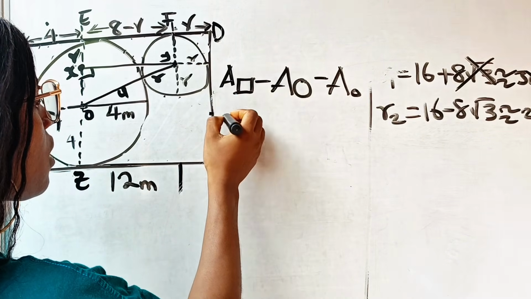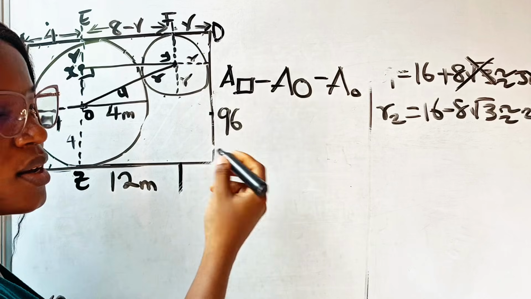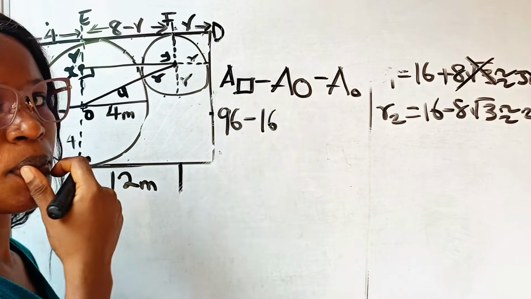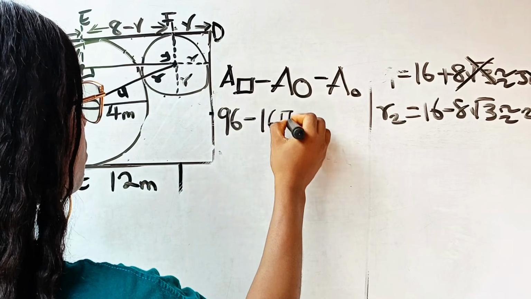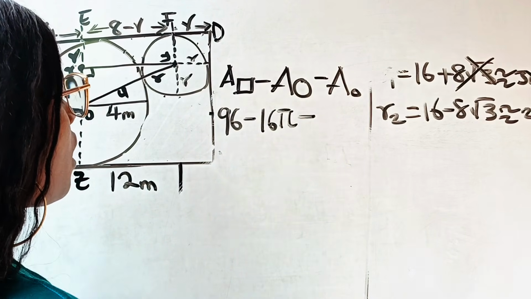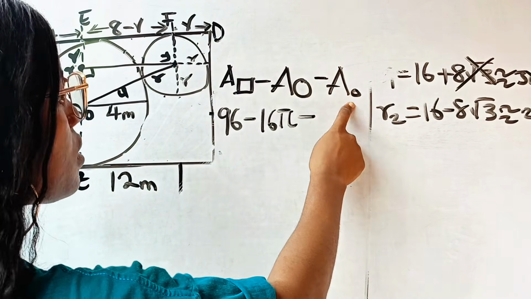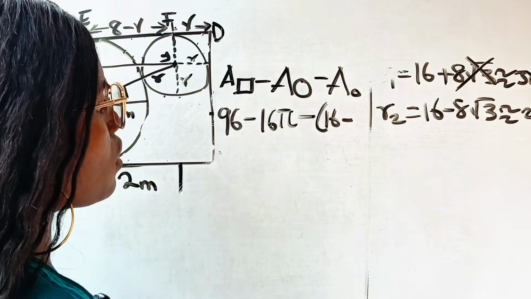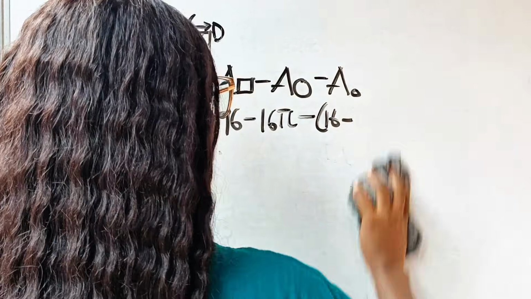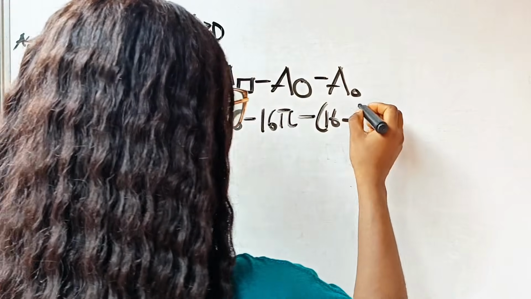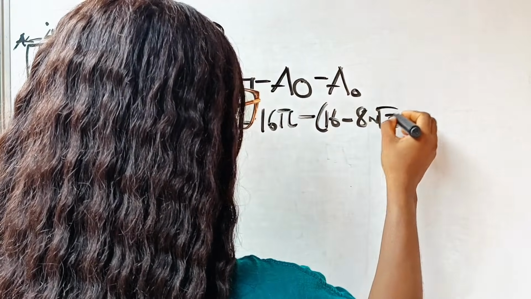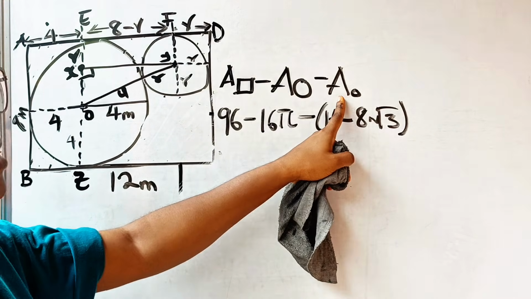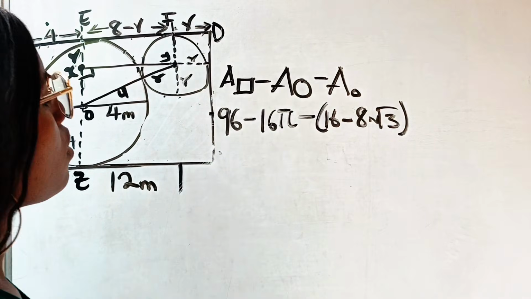So area of the rectangle gave us 96 meters squared. This gave us 16 pi, right? This gave us 16 pi minus this one. Area of this is pi r squared, right?